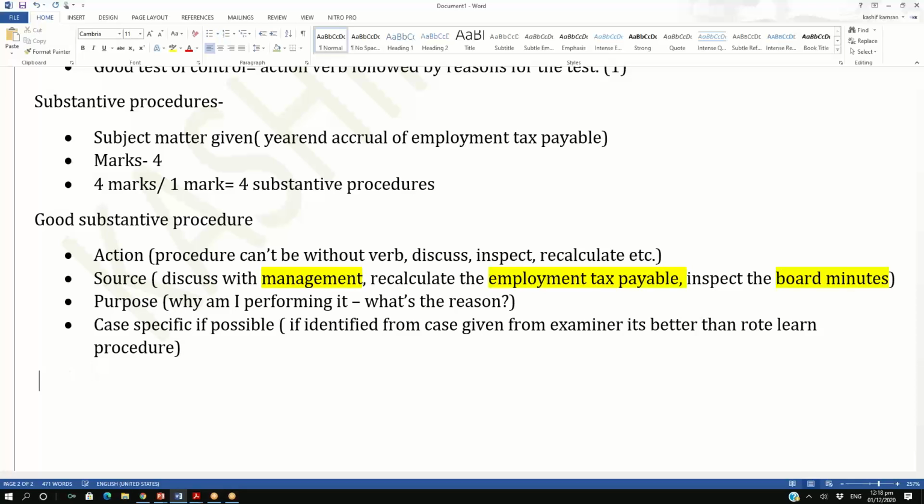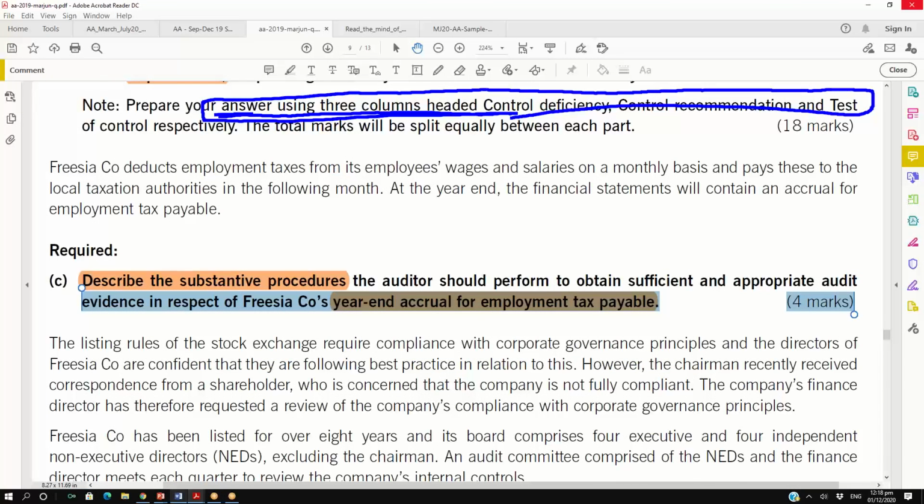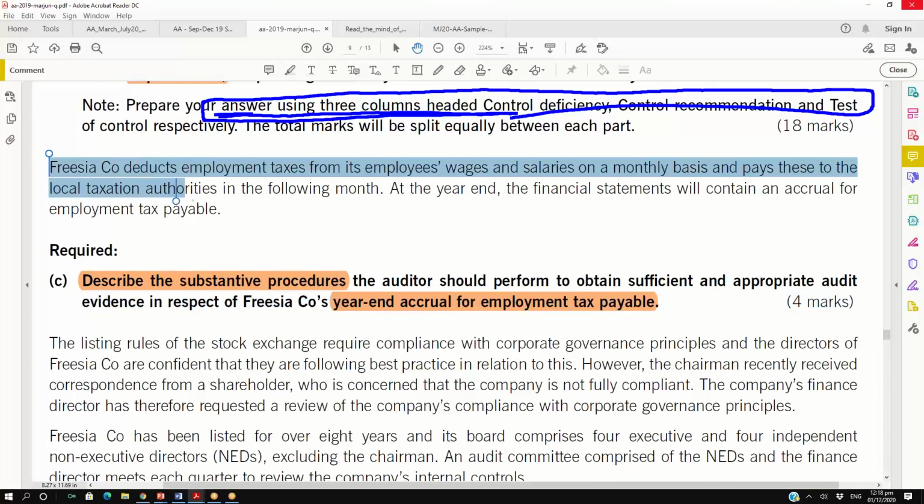Let me demonstrate that for you in just a minute. Over here, the examiner has given us a very short case right above the requirement. If I can just copy that, see this case. It's just 3 lines, a small case followed by a 4 marks answer.